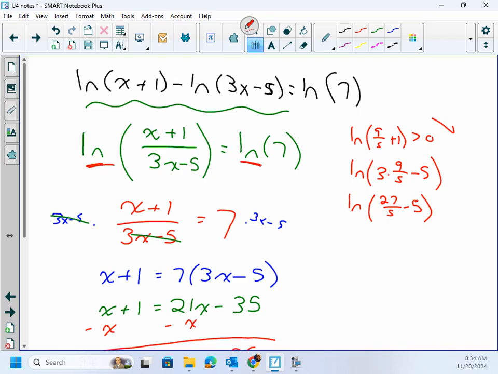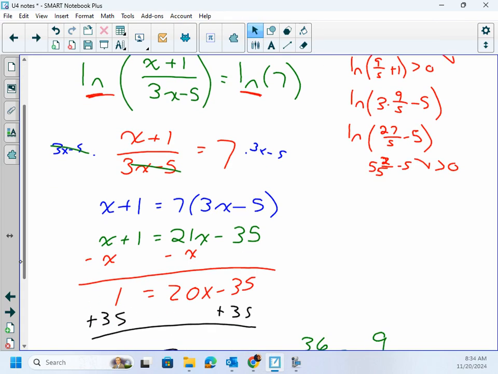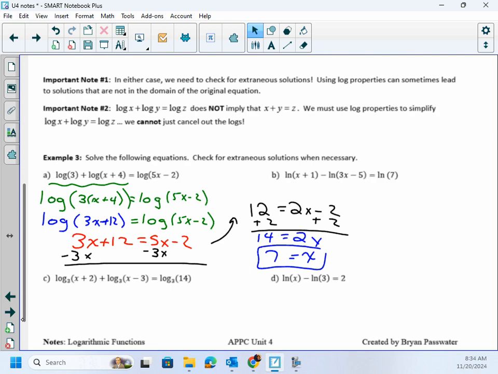The question is, is that bigger or smaller than 0? 27 over 5 is like 25 over 5, that's 5 2/5. So that's greater than 0. So we're good. You have to check your answers because you will have ones that will not work. Alright?